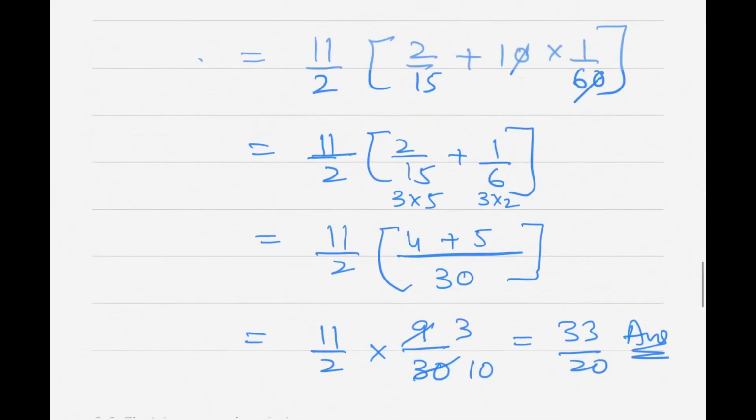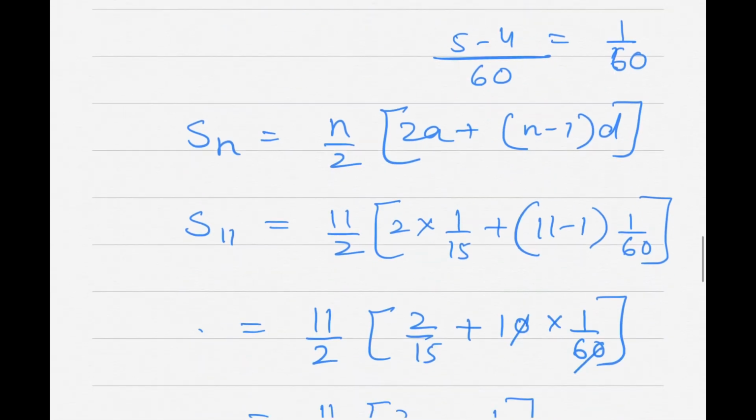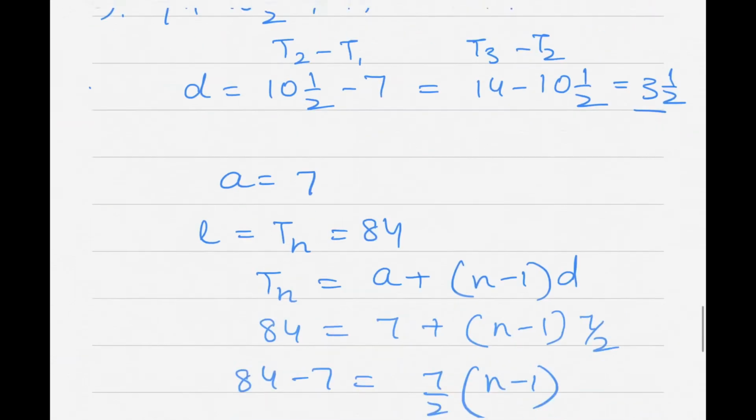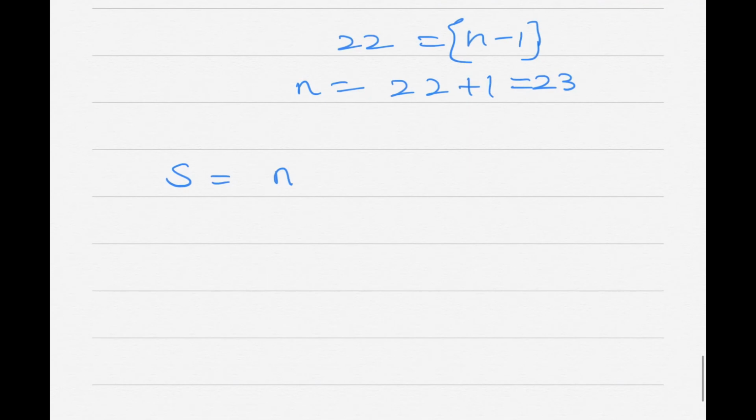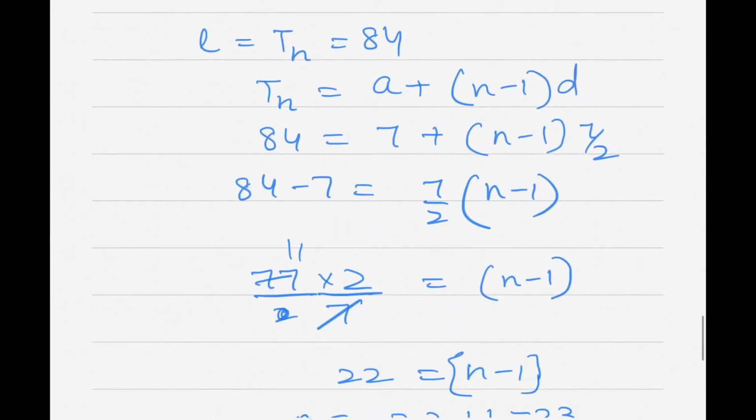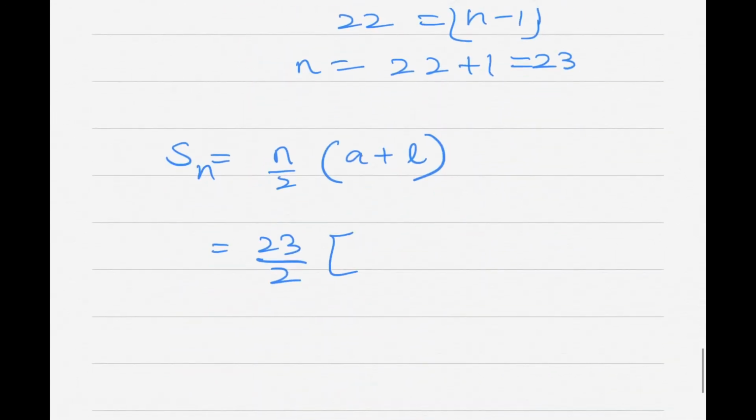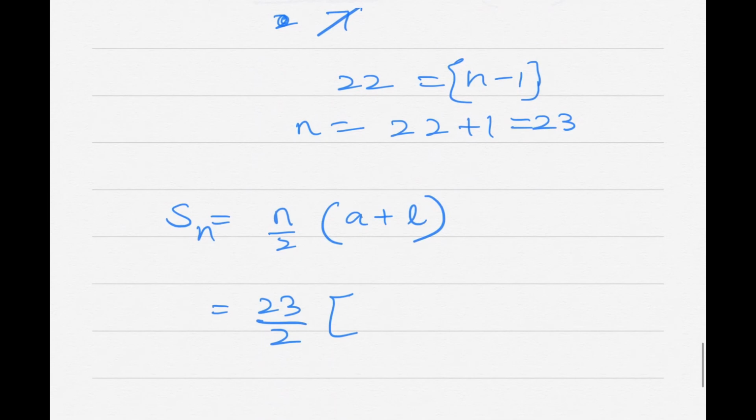I think you have learned this: this is n/2 into a plus L, the first term plus the last term. So the sum of n terms, where n is equal to 23, is 23/2. My a is 7 and the last term is 84. So 7 plus 84.